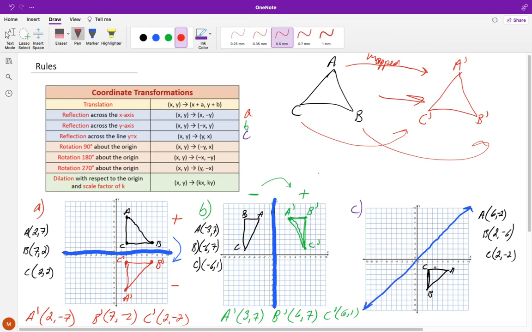So if you think about it, in this case, we're reflecting it across the x-axis and across the y-axis. So what's happening here is that since we're doing multiple reflections, all we're doing is changing our x and our y because we're jumping both of them. So if we're jumping from here, we're changing the sign, we're changing the sign again.